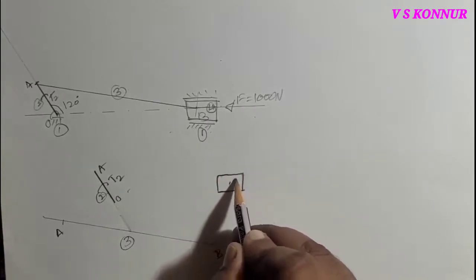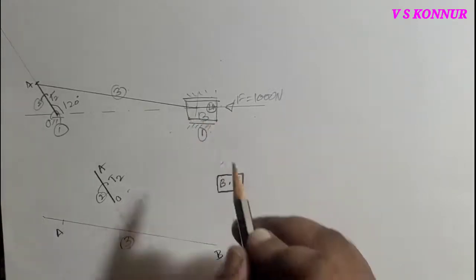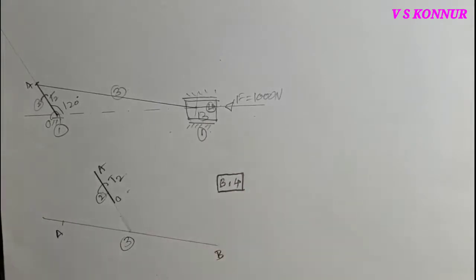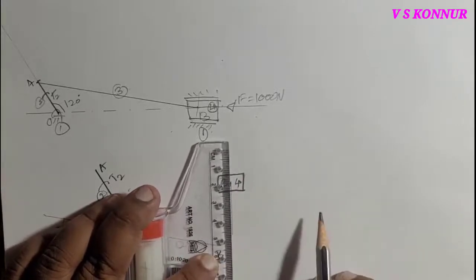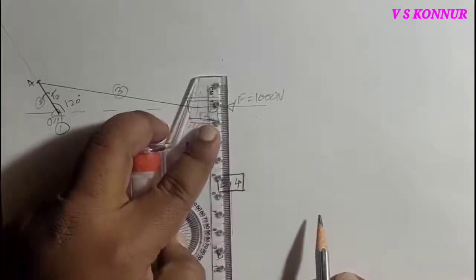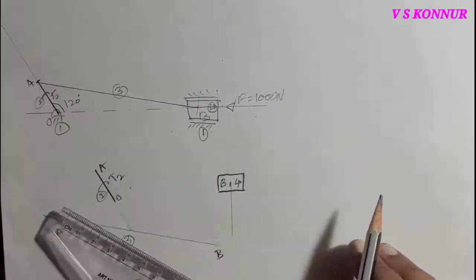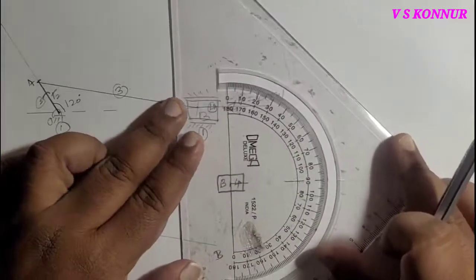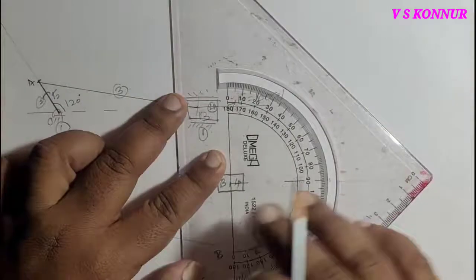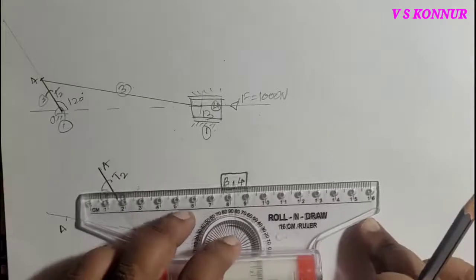At this point, this is the fourth link and point B. Now the force acting at the contact is always normal, so you draw it perpendicular to this point. It should be 90 degrees.